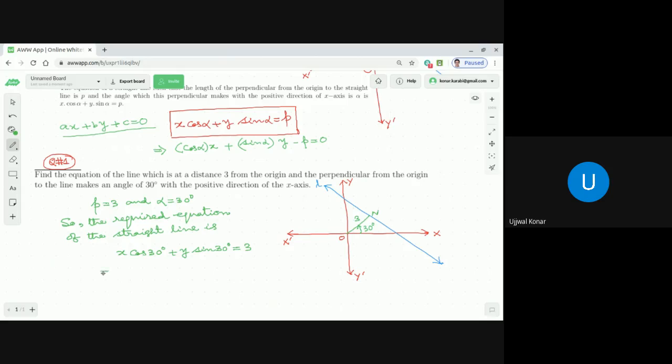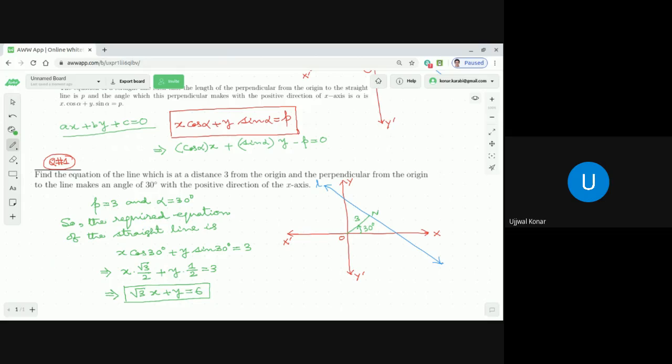Now we know the value of cos 30 is root 3 by 2. So x into root 3 by 2 plus y into sin 30, which is 1 by 2, is equal to 3. So from here we get the equation as root 3 into x plus y is equal to 6. This is the equation of the required straight line.